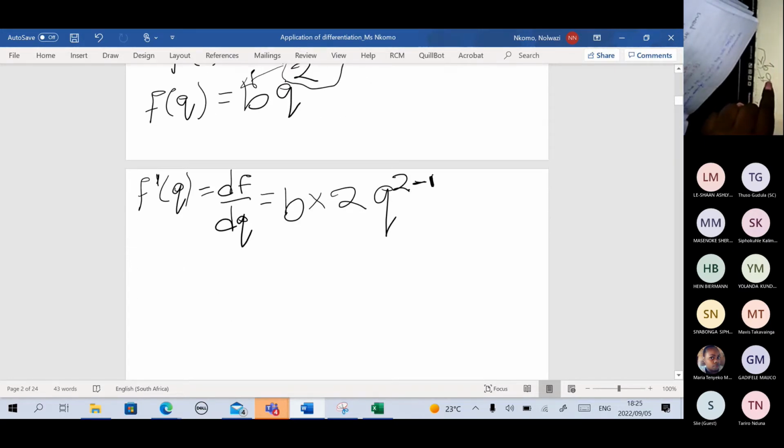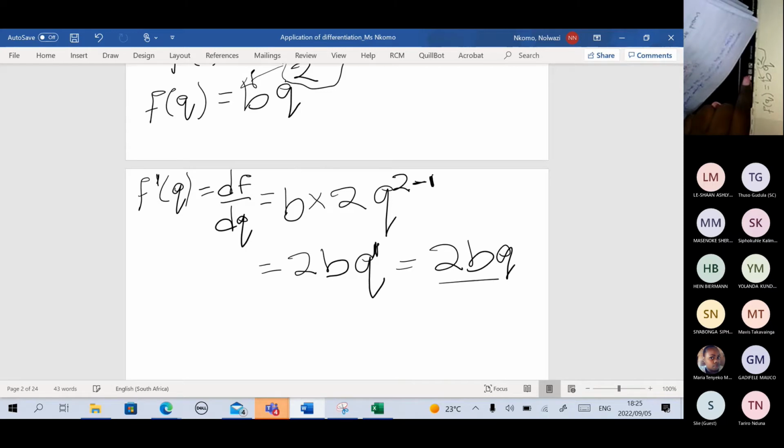Are we all still together? So this means we have B times 2, which is 2B, Q to the power 2 minus 1, which is Q to the power 1, which is the same thing as 2BQ, right? Yes.